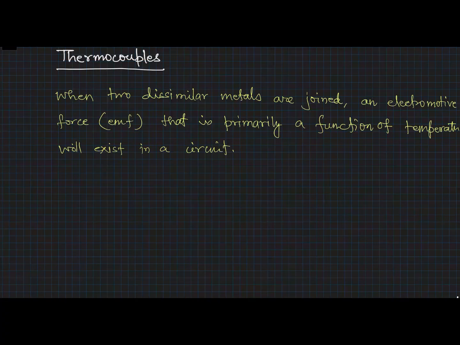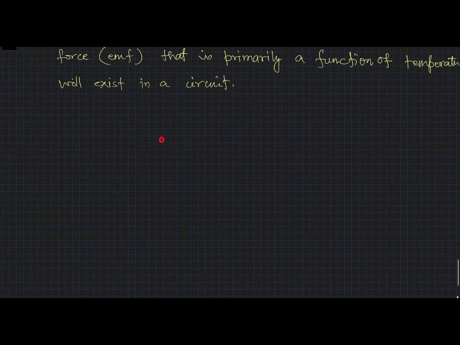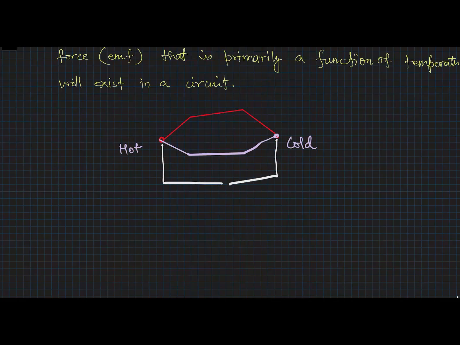So suppose I draw this, suppose this is metal 1, then this is metal 2, and suppose this is hot, this is cold, then you can actually measure the voltage difference between them, so this voltage is directly proportional to the temperature, and if you can read this voltage, you can scale it to temperature.